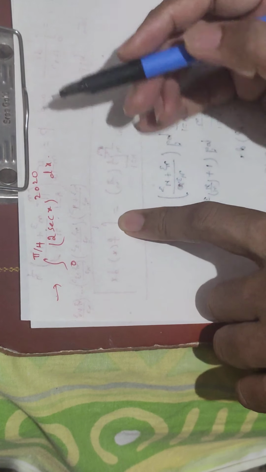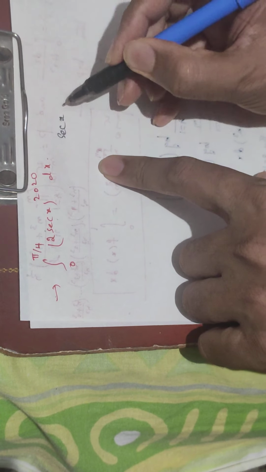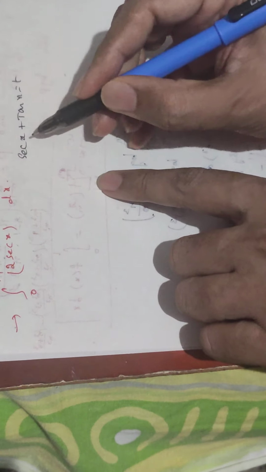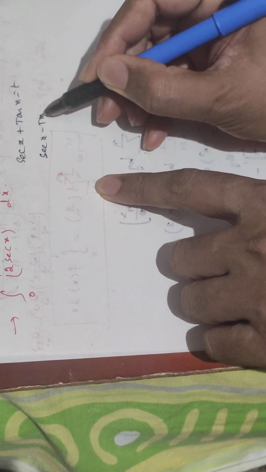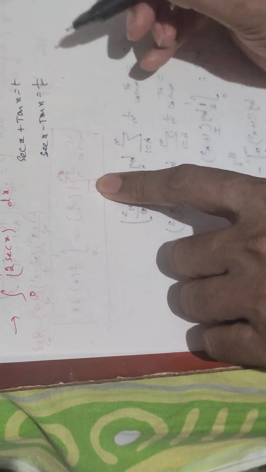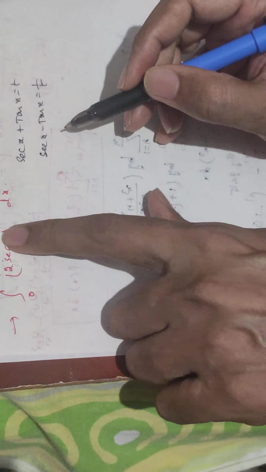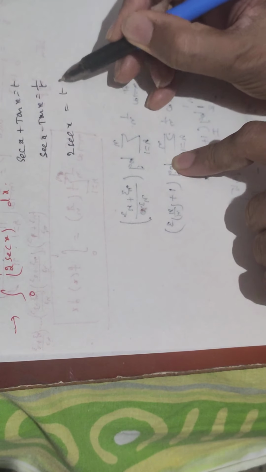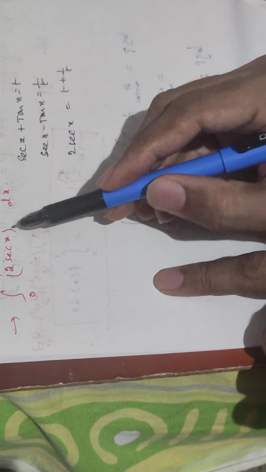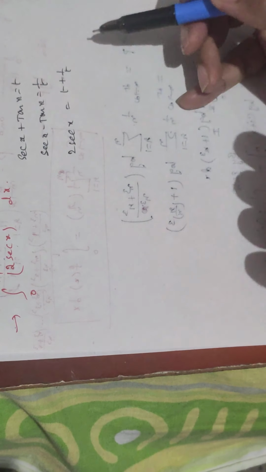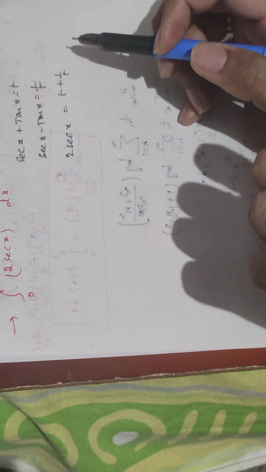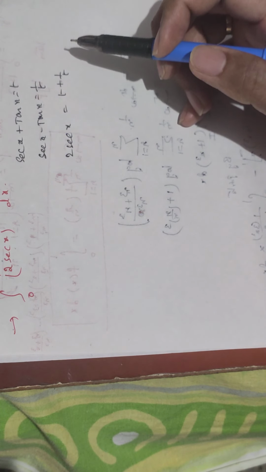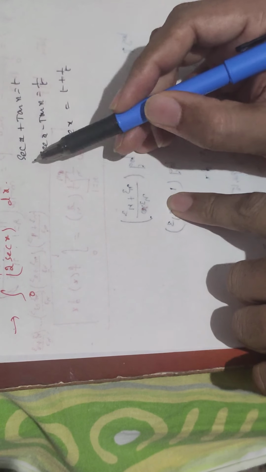So for evaluating this one, we can take this identity. We know that secant x plus tan x equals t. Then what is secant x minus tan x? One is the reciprocal of the other, so it will be 1 by t. Adding these two, we get 2 secant x equals t plus 1 by t. So directly in the place of 2 secant x, we can write t plus 1 by t. Next, what is the dx value? Differentiate this one.